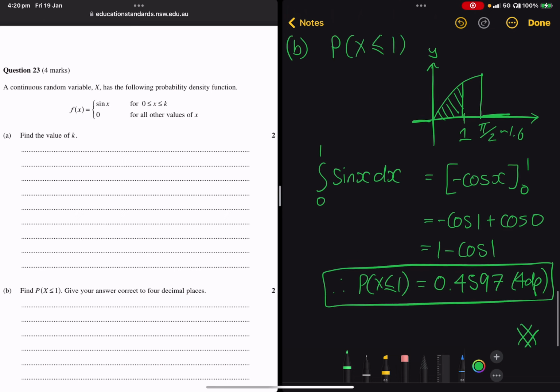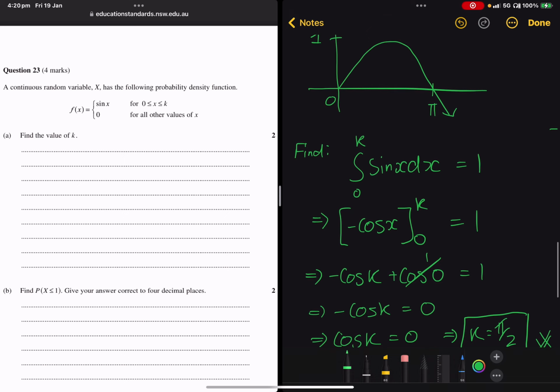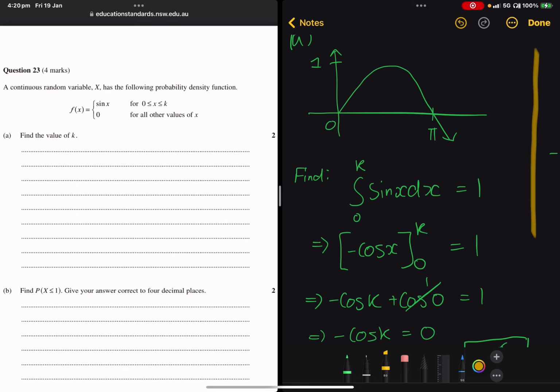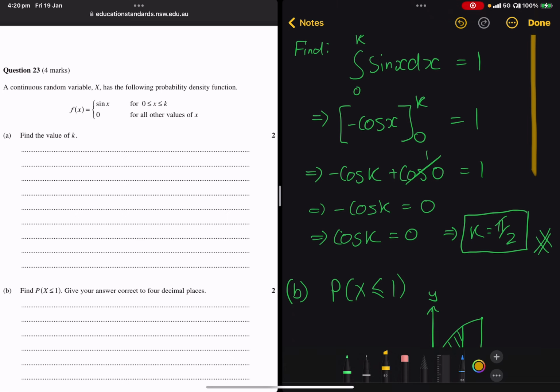Now let's have a quick look at the marking. The marking is fairly straightforward. It's 2 sections, each worth 2 marks. For the first part, using the integral to try and solve for the value in some fashion is going to get you a mark. So long as you can somehow set this integral up and attempt to solve it, that'll get you 1 mark, or some kind of equivalent merit.